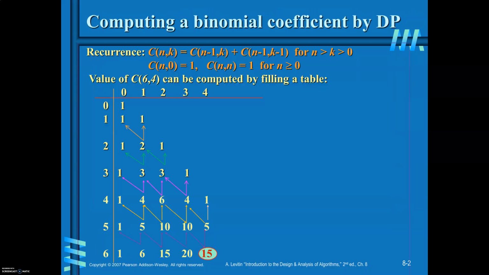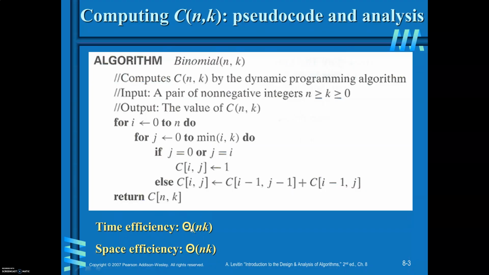Otherwise, C(i,j) will be equal to C(i-1,j) plus C(i-1,j-1). So after completing all the iterations, you will get C(n,k) that you are required to return to the main. This is the pseudocode to find binomial coefficient.